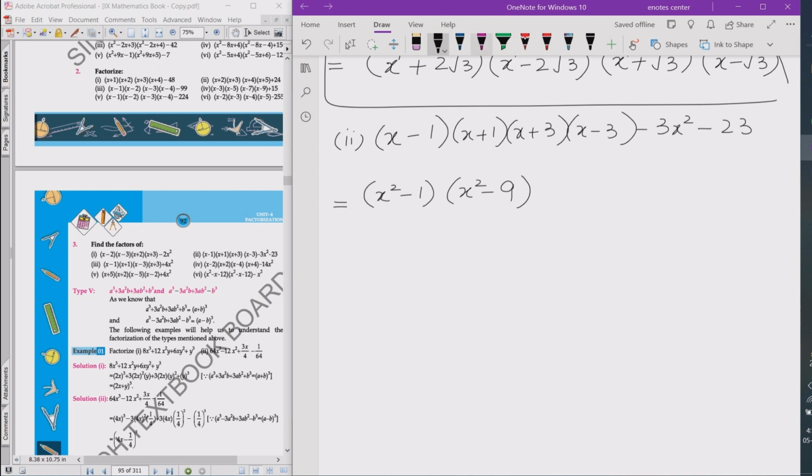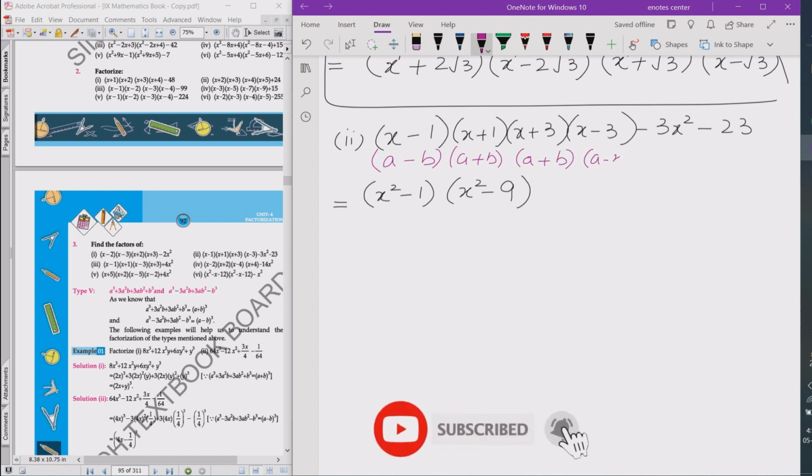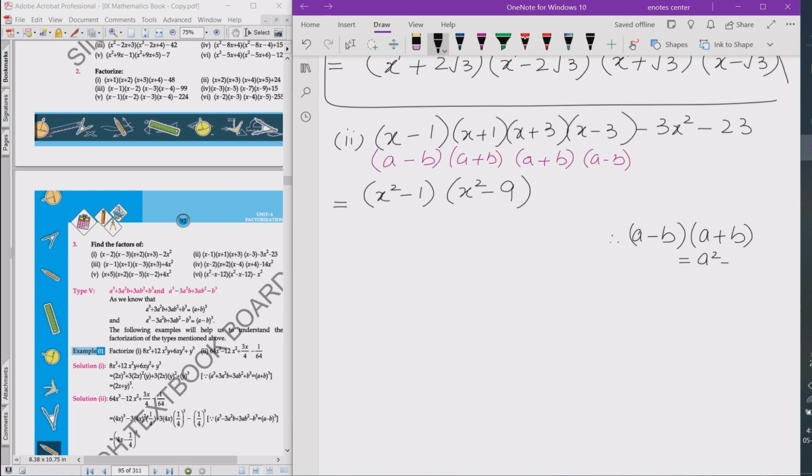So a square, a minus b, a plus b, and this is a plus b and a minus b. So we will give here a reference: a minus b multiplied by a plus b equals a square minus b square, and this one is minus 3x square minus 23, right?